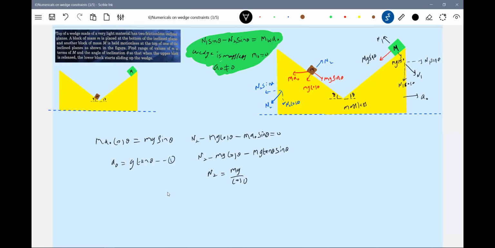Instead of doing all this, you could have written a naught and N2 directly. Okay, fine.